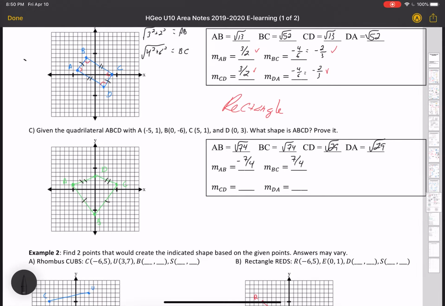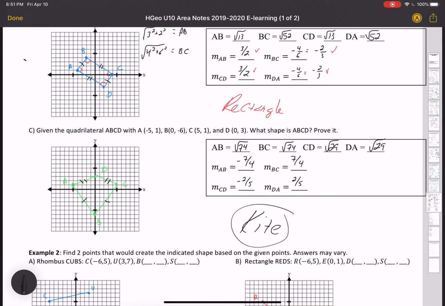So those are opposites, but that doesn't mean anything. Now for CD, I'm going to go down 2 to the right 5, negative 2/5. And for DA, that's positive 2/5. So the slopes don't tell me anything because I don't have same or opposite reciprocals. But the fact that I have two consecutive sides that are congruent, this is going to make it a kite.